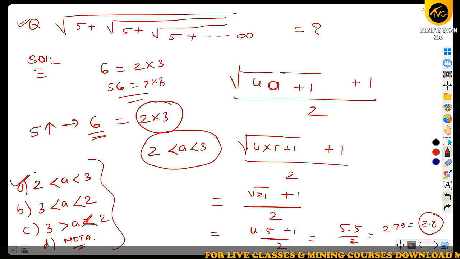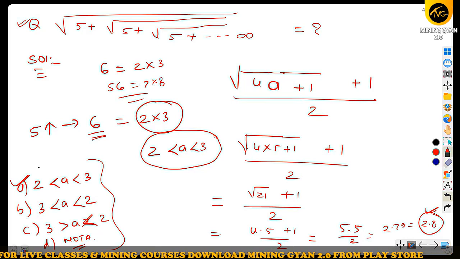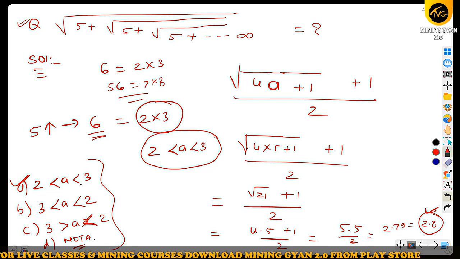Option A is the correct answer in this case, because the exact answer is 2.8, which lies between 2 and 3. That means 2 less than a less than 3, bigger than 2 and less than 3. That means 2.8. So in this case the answer is 2 less than a less than 3. Clear? Any doubt?